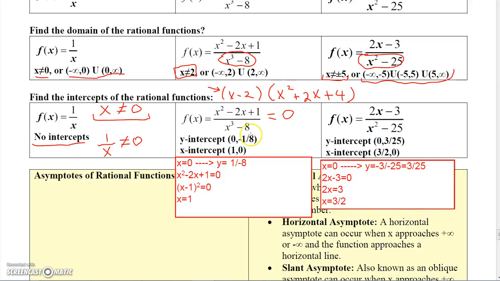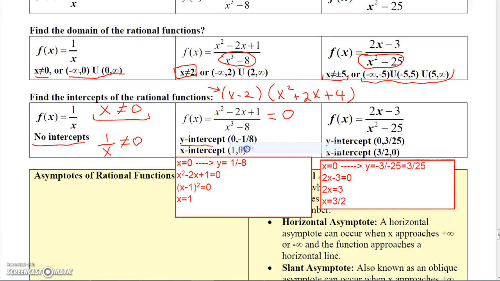This one doesn't cross the x or y axis. Now for this one, to find the y-intercept, you let x be 0. Well, if you do that, these two terms would disappear, and you would just get 1 over negative 8, which is just negative 1/8. So the y-intercept there is 0, negative 1/8.